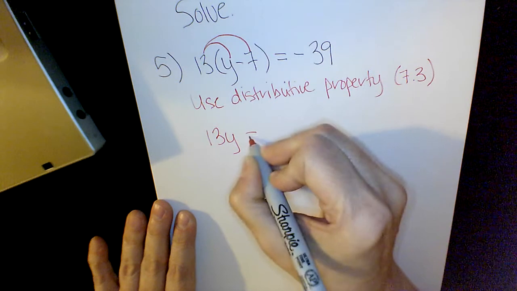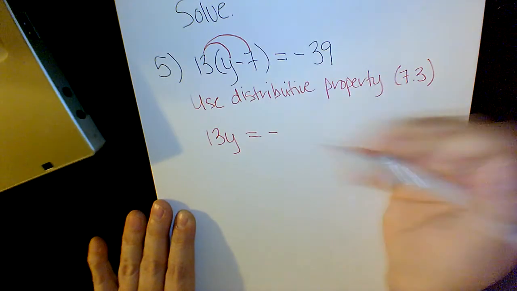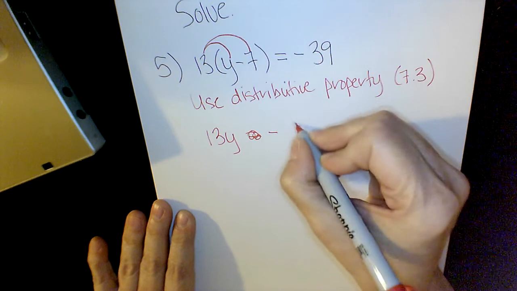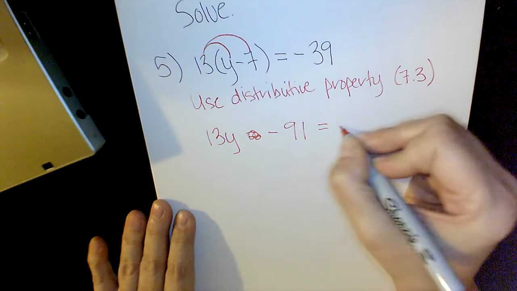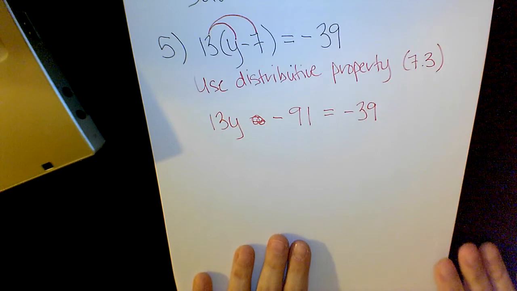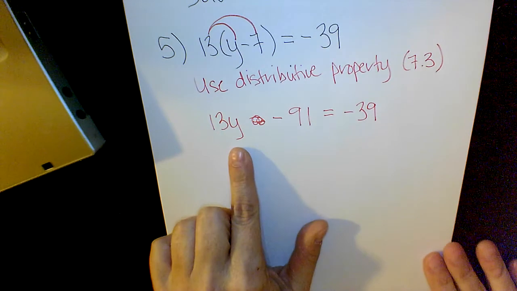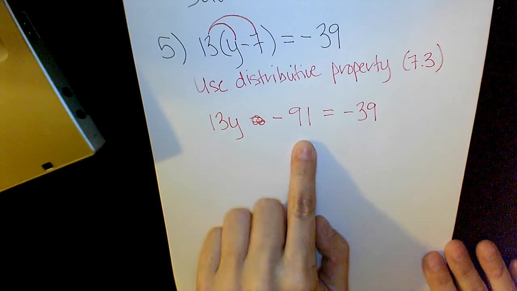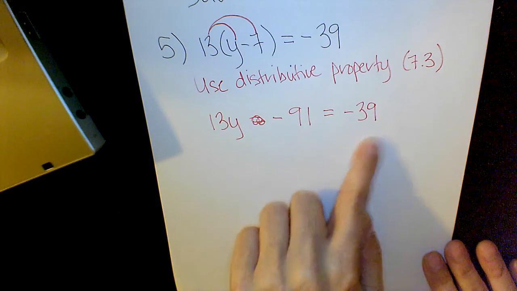Okay. So after I use the distributive property, I've got 13y minus 91 equals -39.